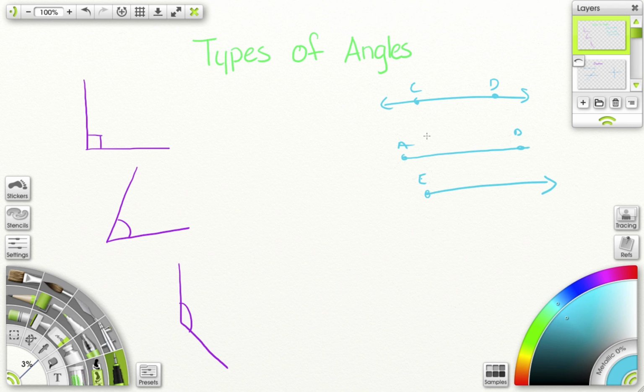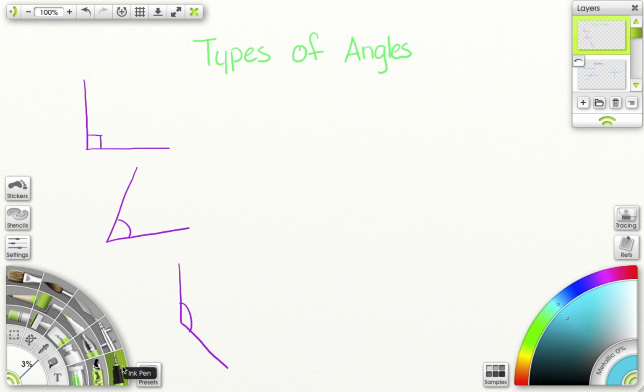Today we're going to get into the types of angles, which should be review for many of you. If not, it's super easy, and I don't imagine any of you are going to have any trouble with it. And then we are also going to get into bisectors and complementary angles, which sound more complicated than they actually are. So, first things first, types of angles.